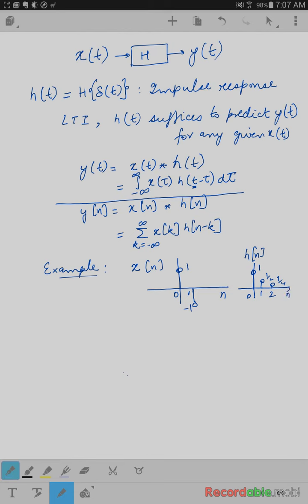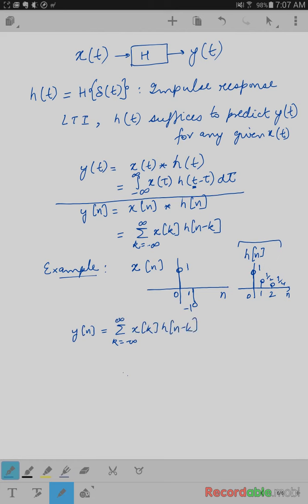Okay, and I want to compute the convolution, so I want to compute the output of the system when x of n is put in as input to the system with this impulse response. So y of n is, as we said, the summation over k from minus infinity to infinity of x of k h of n minus k.